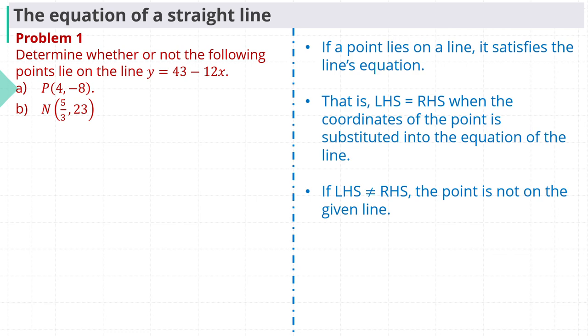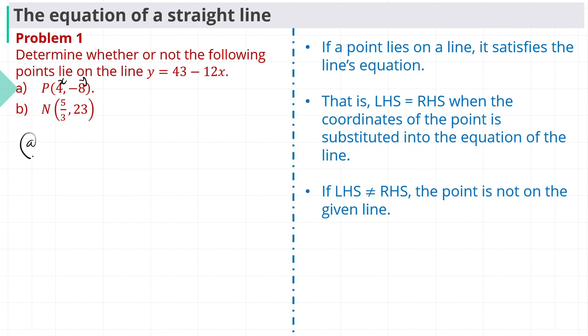A first problem. Determine whether or not the following points lie on the line. We substitute for the point P, the 4 is the x coordinate, the minus 8 is the y coordinate.